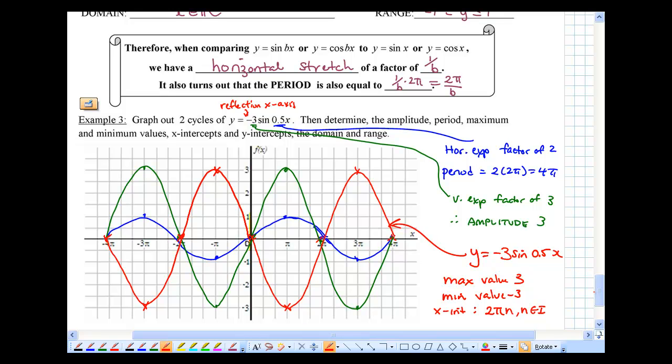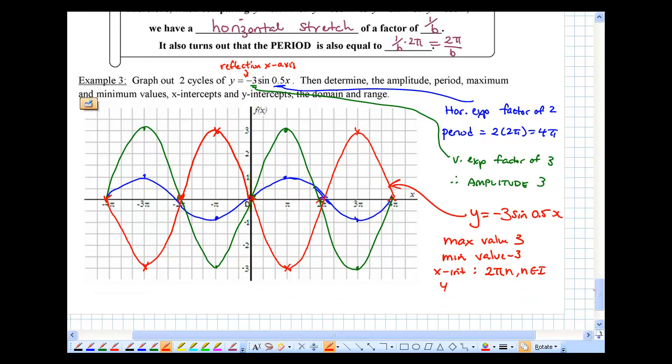And the y-intercept is 0. Domain seems to be all real numbers. And the range, how about from negative 3 to 3? Did you get all those? If you did, you're ready.